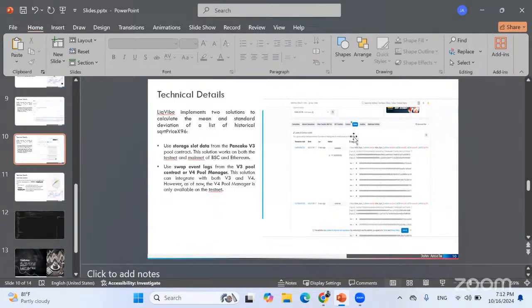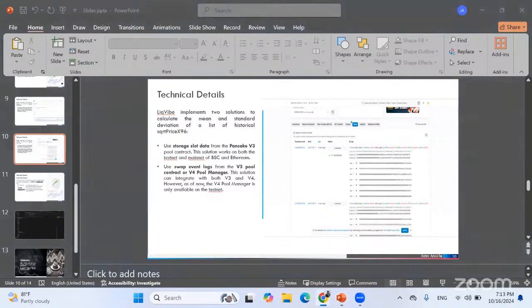Is that correct? Yes, the mean, standard deviation. Okay, thank you very much. We use Brevis SDK to call this data and calculate the mean.